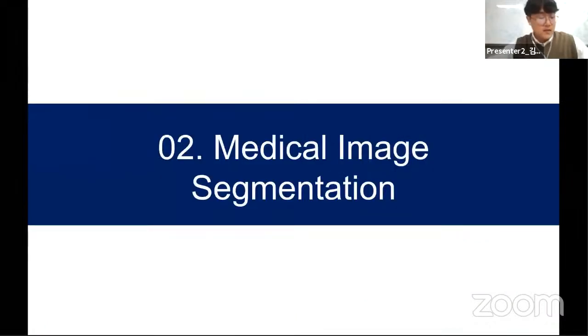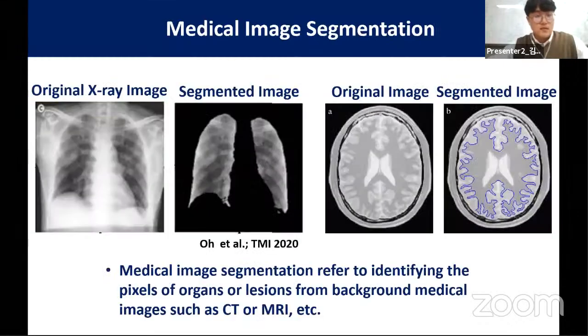In this part, I briefly talk about medical image segmentation. As you can see, compared to the original images, the segmented images indicate a specific region, such as the lung in the left images and the brain in the right images. Medical image segmentation refers to identifying the pixels of organs or regions from background in medical images, such as CT or MRI and so on.